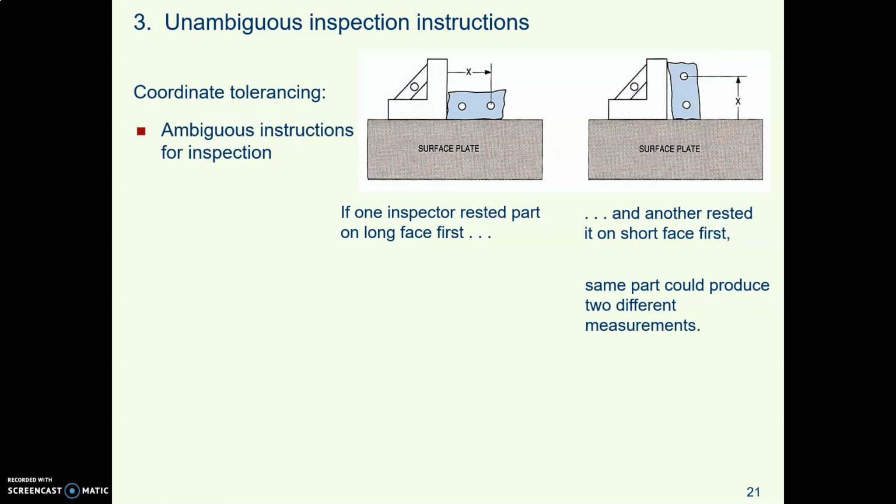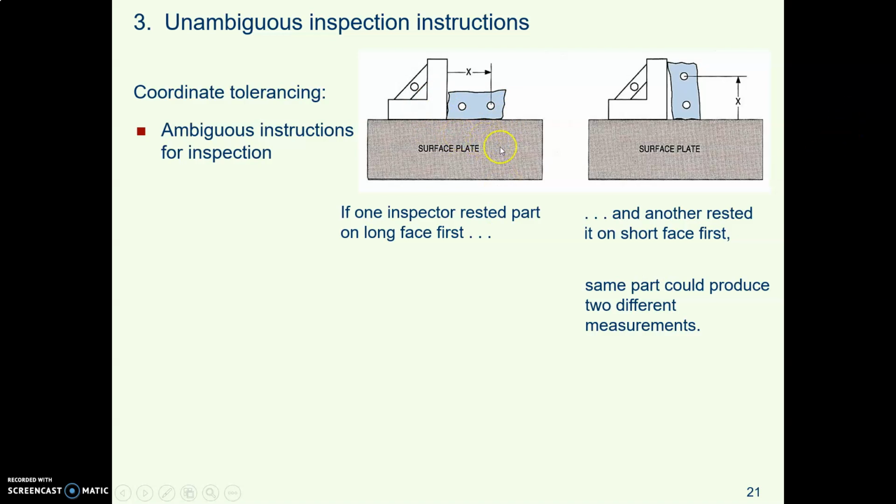The third advantage of GDT is that you get unambiguous inspection instructions, and here's what that's talking about. Let's say you're using plus or minus tolerancing, and you've got a part that's supposed to be rectangular and it's got 2 holes. And we know there are no perfect parts, so it's going to be not quite smooth and not quite square.